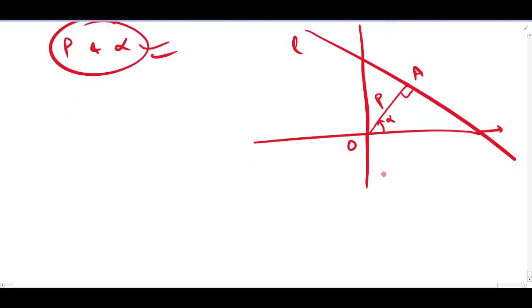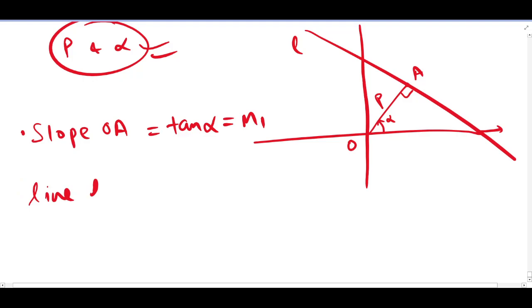First, the slope of OA is equal to tan alpha, which is m1. Because line L is perpendicular to OA, the slope of line L will be m2.